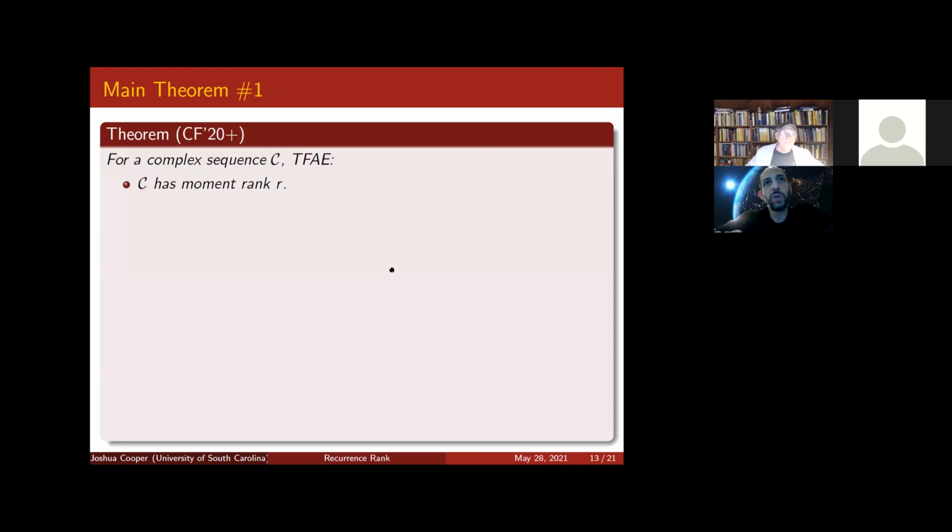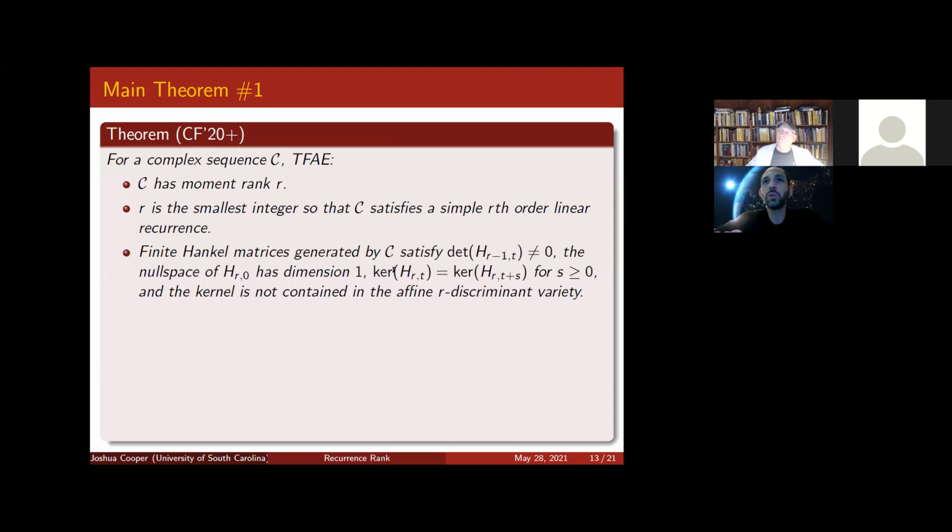So here's the big TFAE. See, the following are equivalent. C has moment rank R. It's the smallest integer so that C satisfies a simple rth order linear recurrence. Those finite Hankel matrices have non-zero determinant when they're R by R, and the null space is dimension 1, and the kernel is the same as you look at translates.